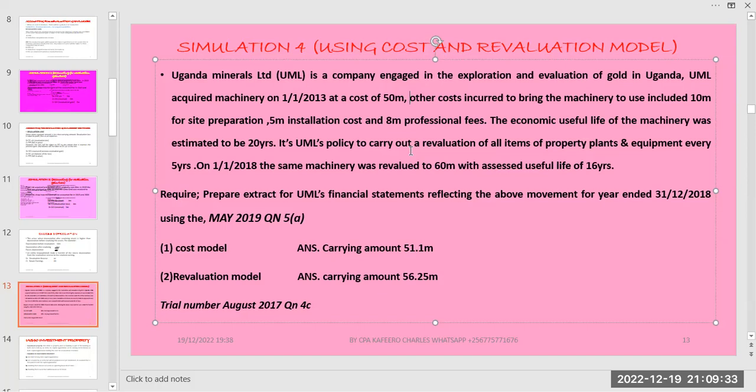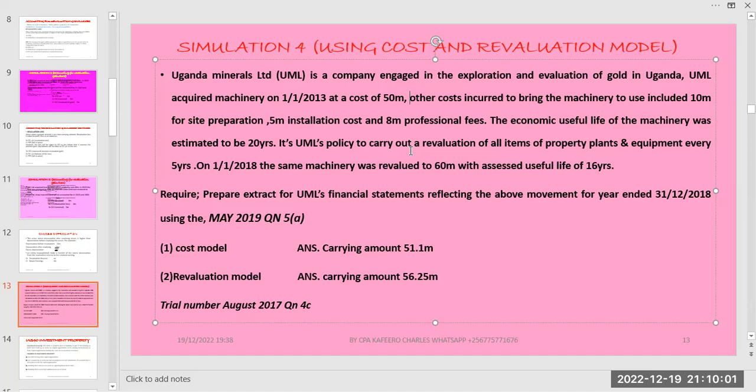It's UML's policy to carry out a revaluation of all items of PPE, property, plant and equipment, every 5 years. Then on 1st January 2018, the same machinery was revalued to 60 million with an assessed useful life of 16 years.